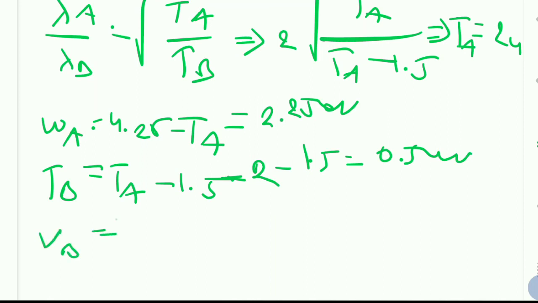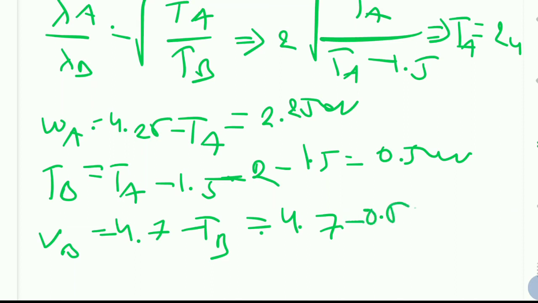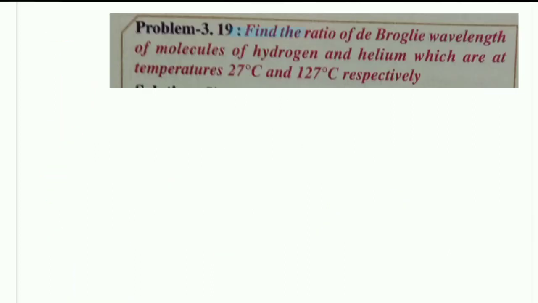Wb is equal to 4.7 minus Tb, which is 4.7 minus 0.5, 4.2 electron volts. This is the answer.